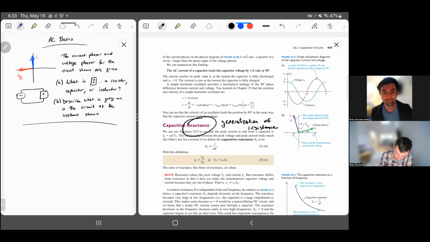So remember that for a resistor, the voltage across a resistor is equal to the current across the resistor times the resistance of the resistor R. So we like Ohm's law, and we try and basically force it upon other things.